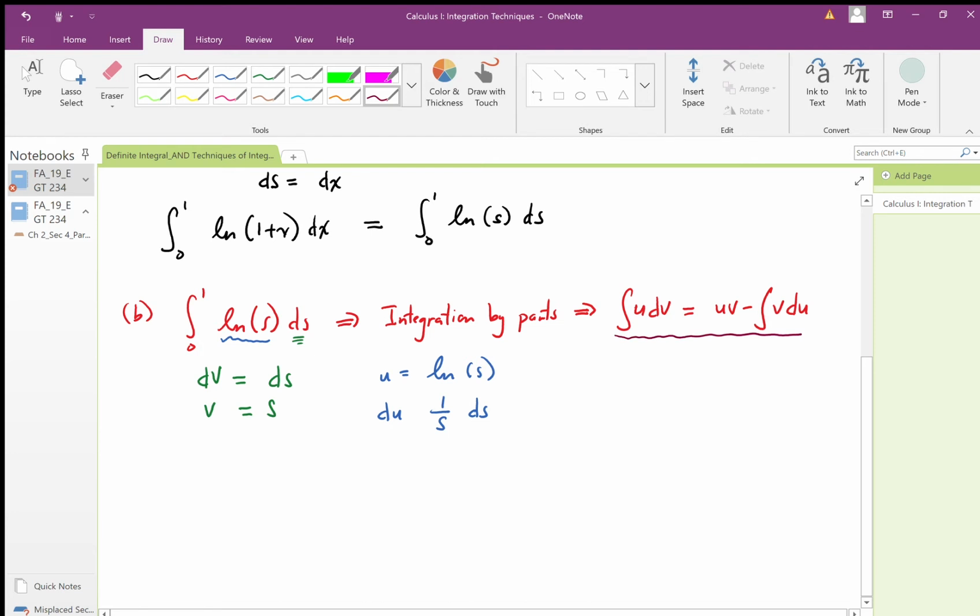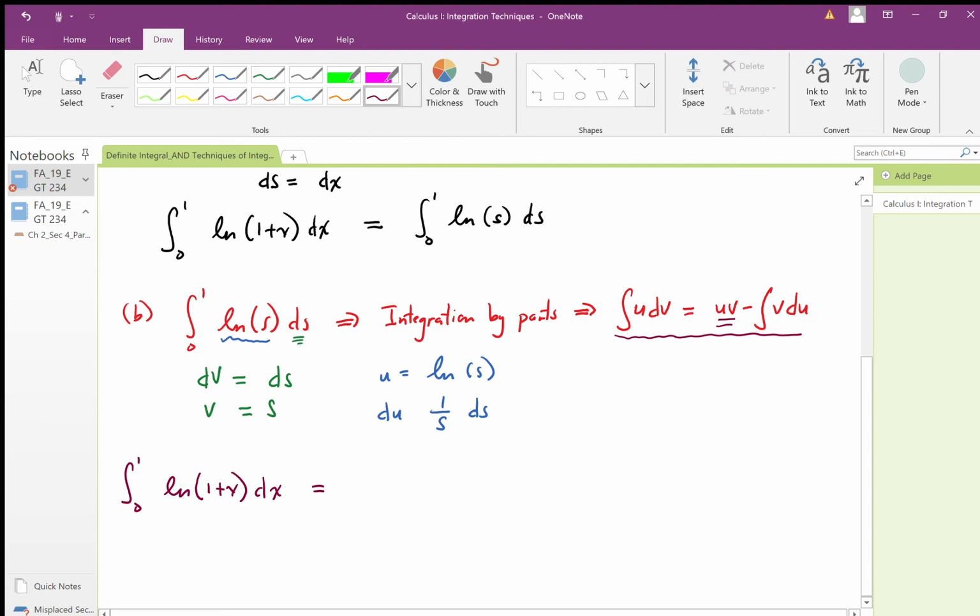So the integral from 0 to 1 of the natural log of 1 plus x dx equals, this is my first part, the uv.